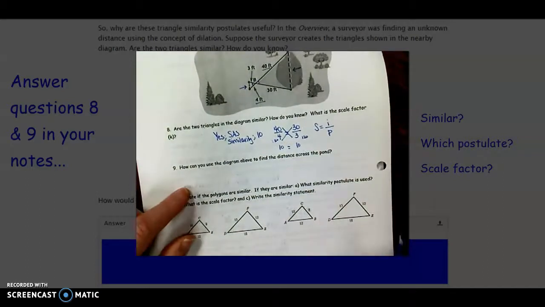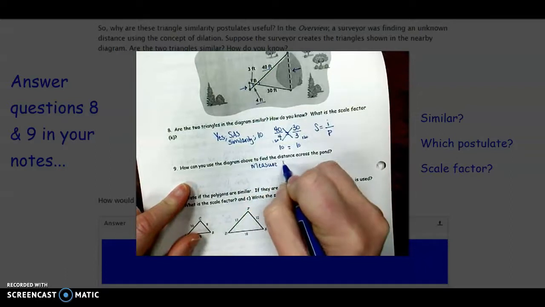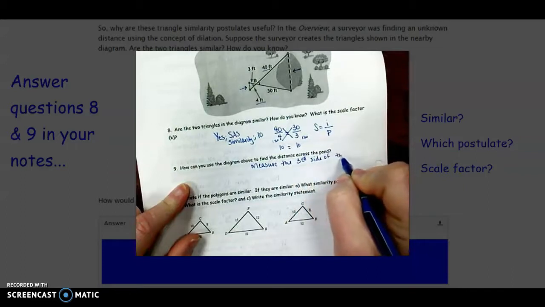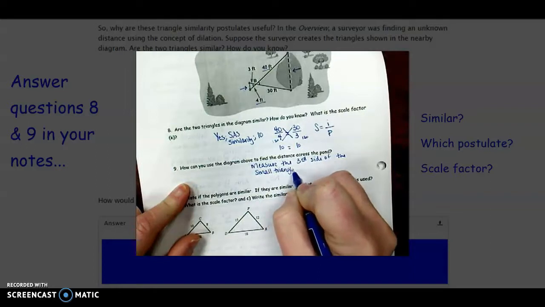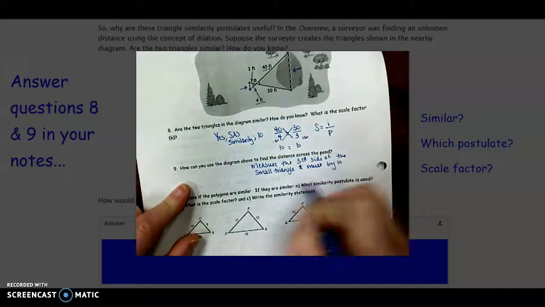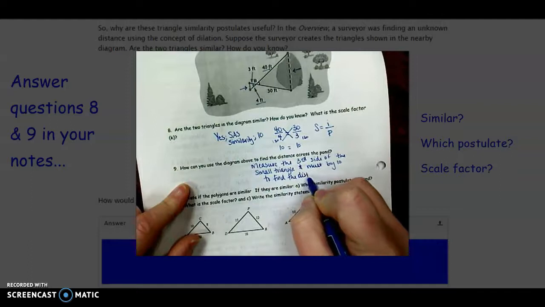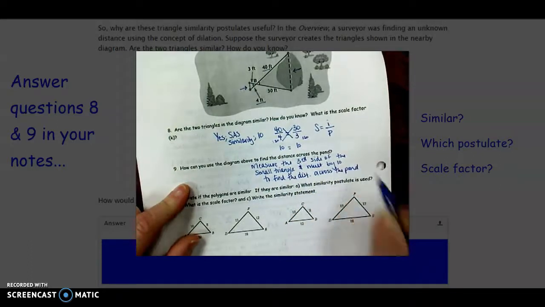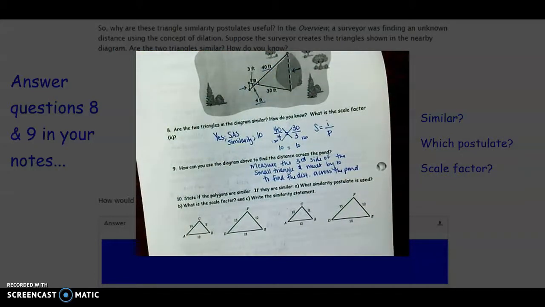So in number 9, we would have to measure the third side of the small triangle and multiply by our scale factor, which is 10, to find the distance across the pond. So measuring that third side, multiplying it by 10 would get me the distance across the pond.